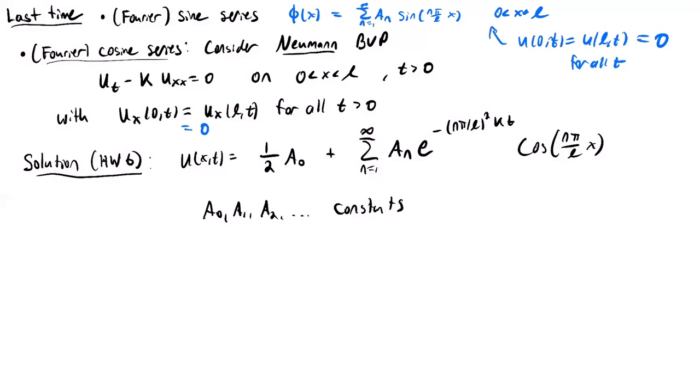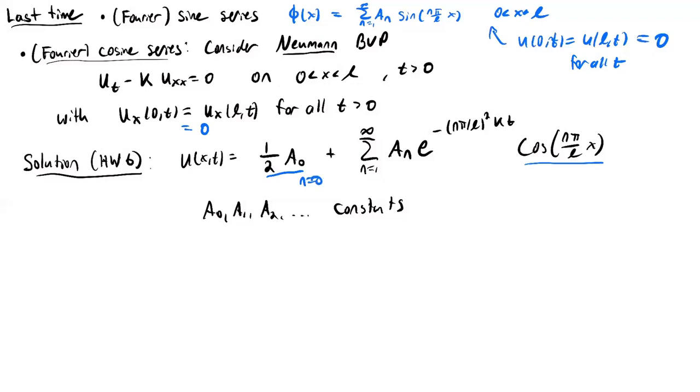Once you apply the method, you expect the general solution to look very similar to what we saw for the 0 boundary value problem, but instead you have cosine terms instead of sine terms arising here. And also there's some coefficient corresponding to n equals 0.